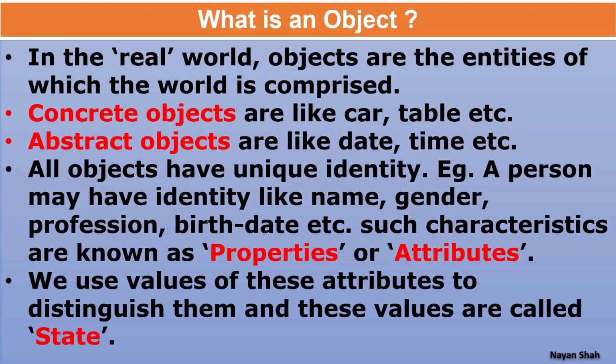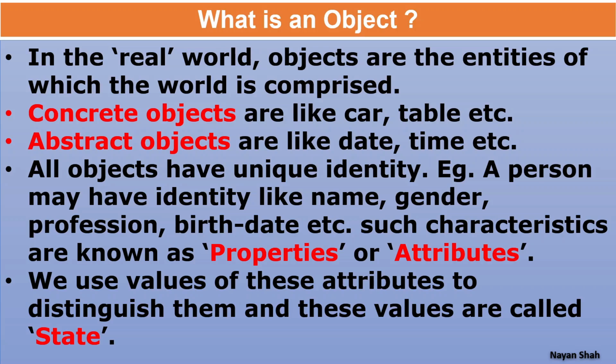So all are students, but how do these 50 students differ from each other? They differ by their name, surname, father's name, gender, profession or date of birth. There has to be some property or attribute of every student which is unique. That is how we identify every object, which are otherwise similar in nature.